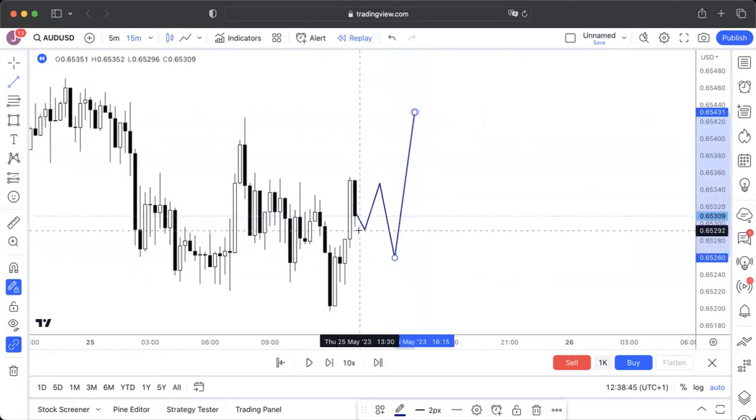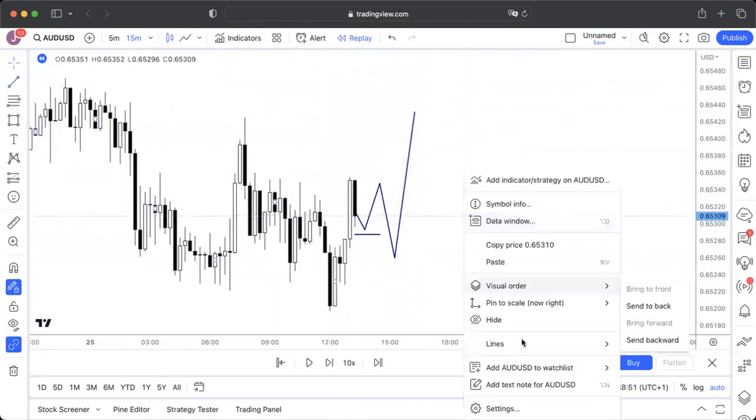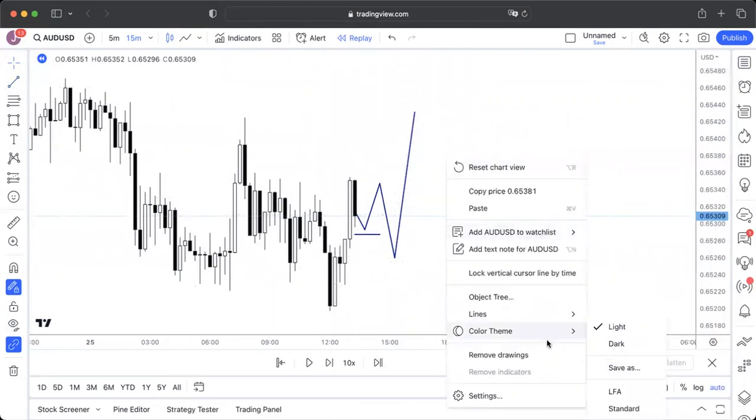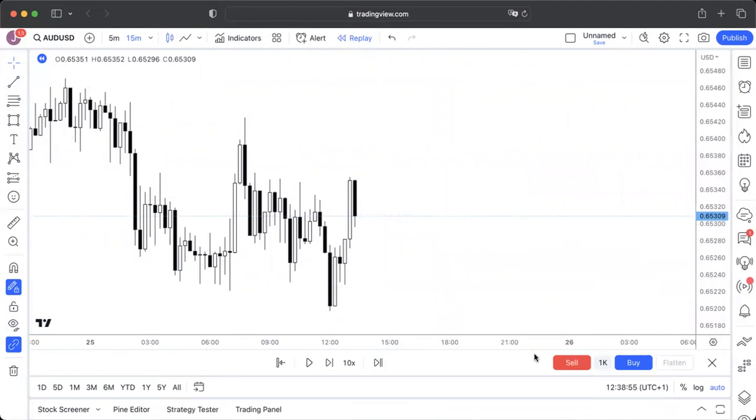That's not valid because these are not consecutive breaks up, because there was a breakdown between them. There would need to be consecutive breaks up for us to have a valid buy setup in a bearish trend, or vice versa. We would need 2 consecutive breaks down to have a sell setup in an uptrend, but these are much rarer anyway.